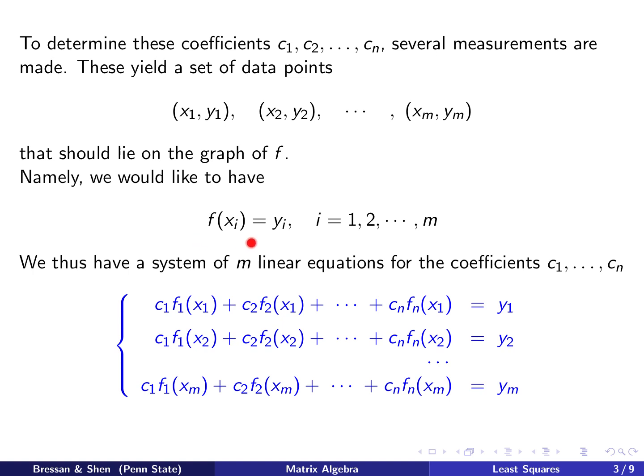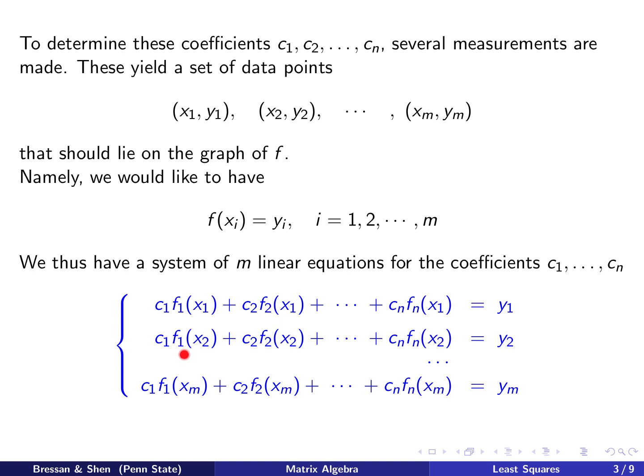Then we can write these out into m linear equations using the expression for the function f with the coefficients. For the first example, f of x1 equals y1, and putting x1 in f, we get c1 f1 at x1, plus c2 f2 at x1, plus all the way to cn fn at x1. That should equal y1.